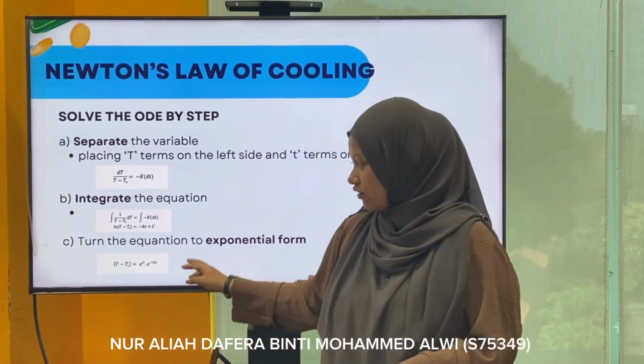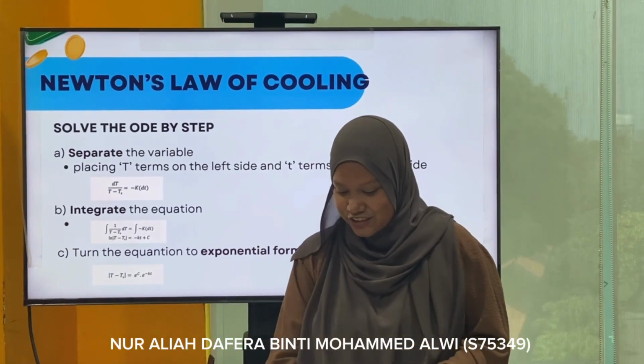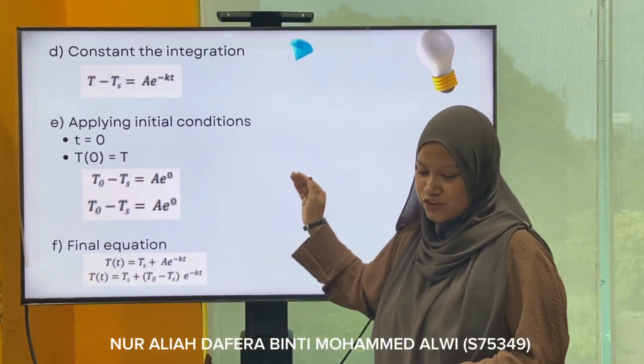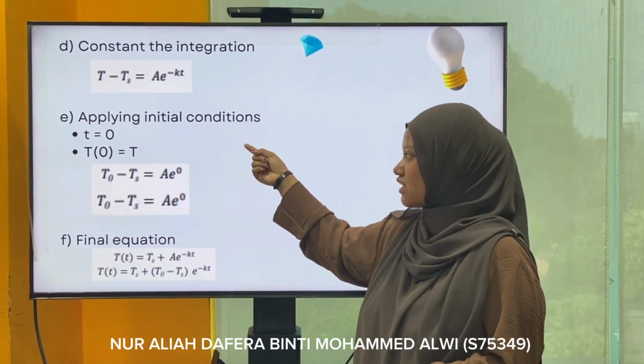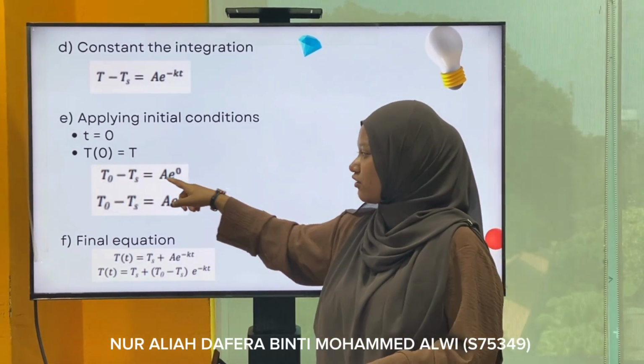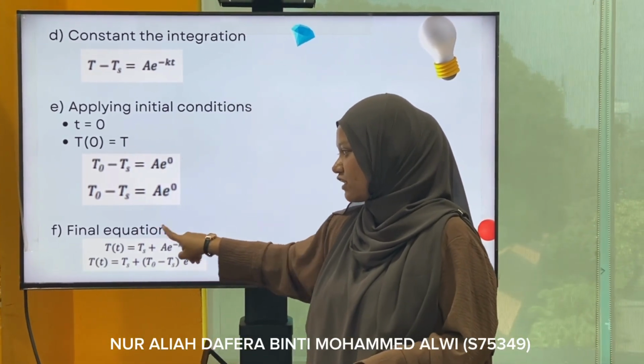From that, we find the constant of integration by applying the initial condition, and we get the final equation.